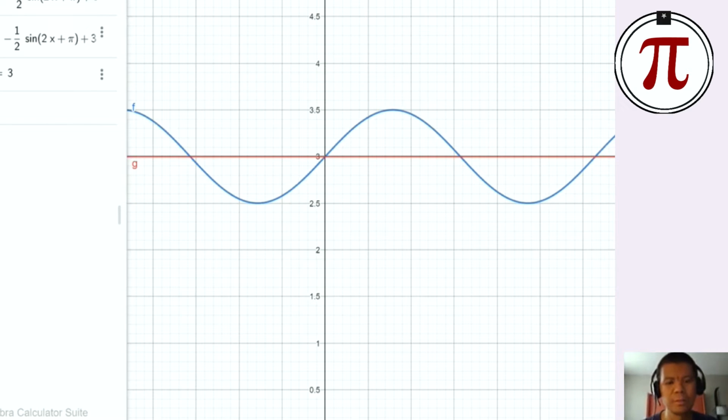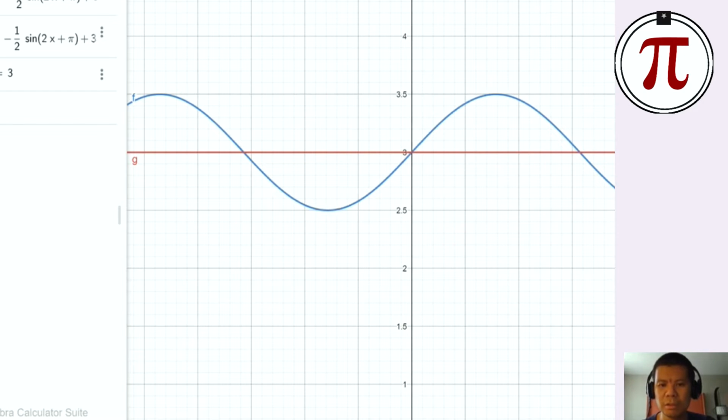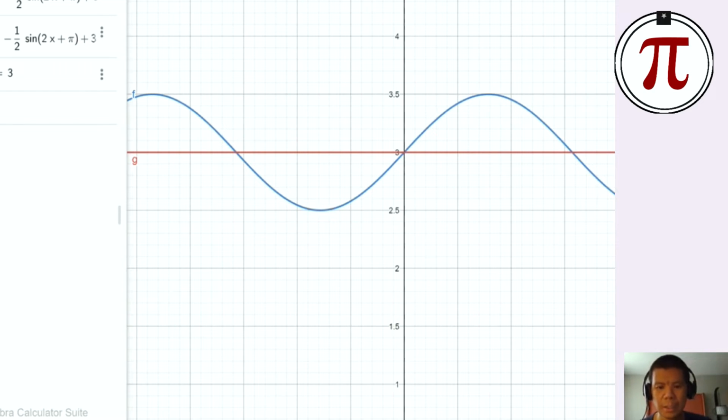The halfway point. That's called the midline. Did you see this graph? And also from this one, you can see the period of this one is pi, right? It's from here to here, correct? If this point is pi, well, it didn't show, but it is pi, right?